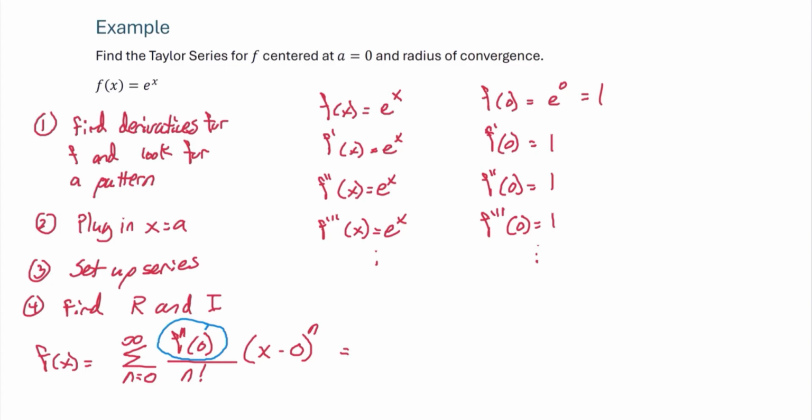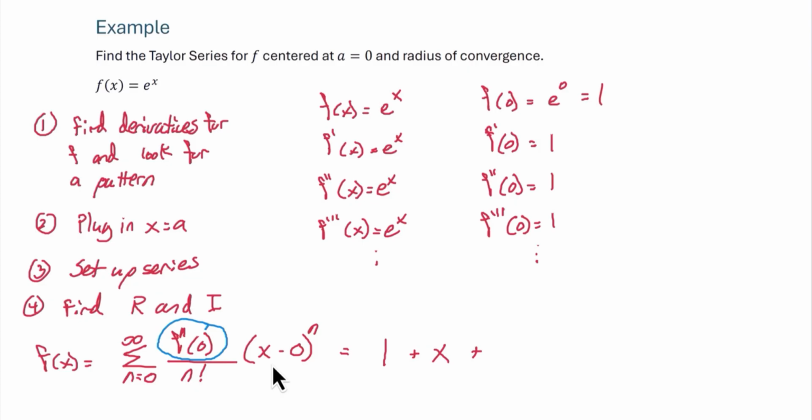So let's start by listing out some terms. When n is 0, we get 1. And then when n is 1, we get x. Again, plugging in 1 for n, we'll get the numerator, which is 1, divided by n factorial. 1 factorial is 1 times x.